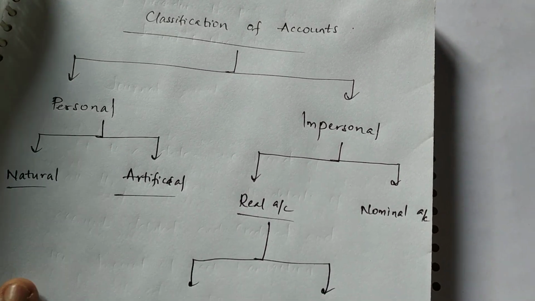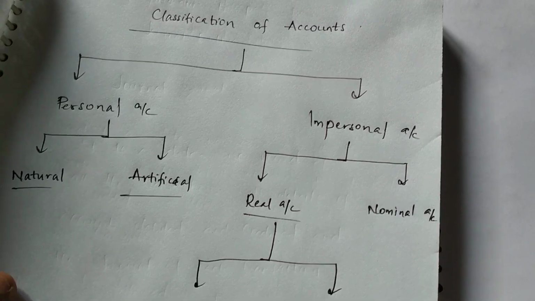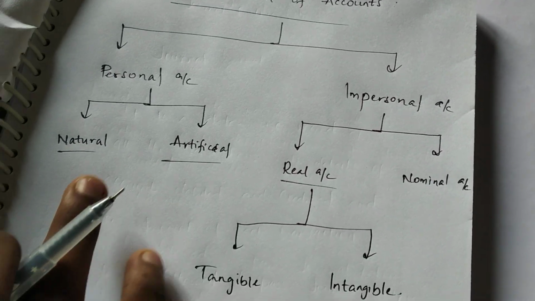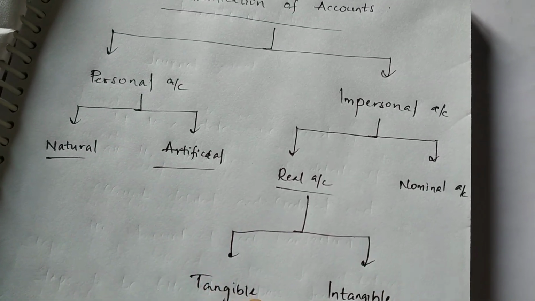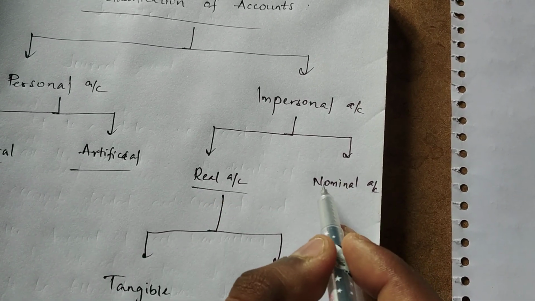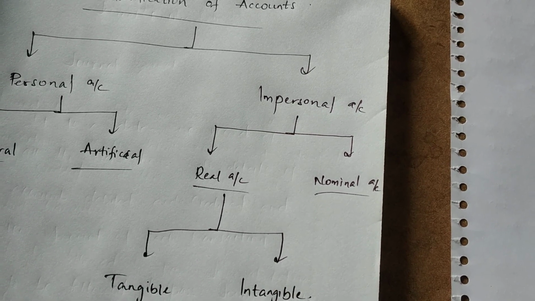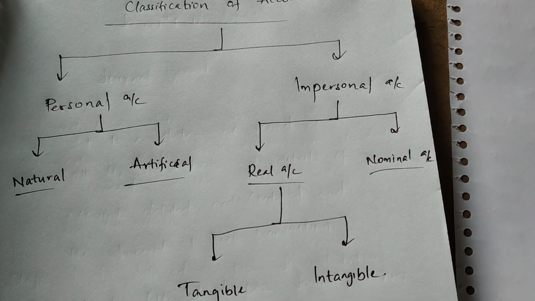In personal account, we have natural personal and artificial personal, and in impersonal, real accounts and nominal account. In real account, we have tangible and intangible. I hope you all understood the basic classification of accounts.